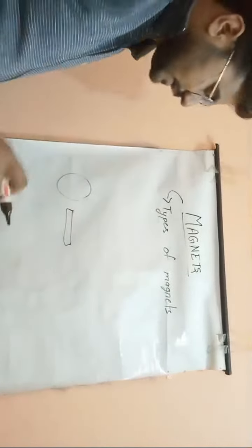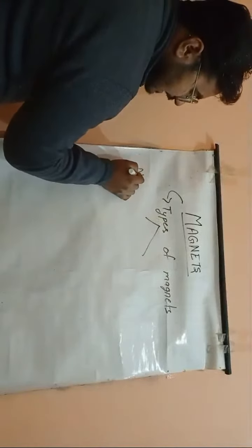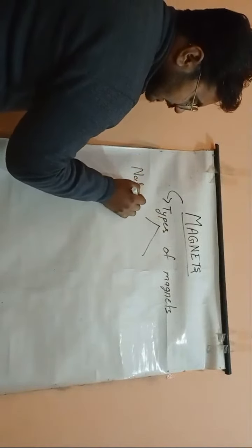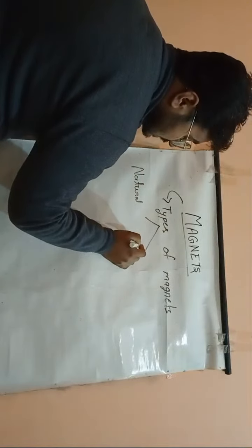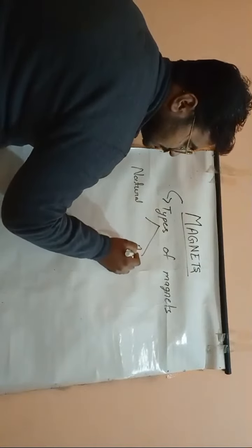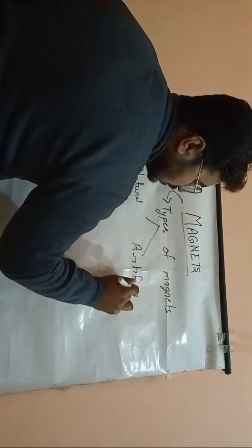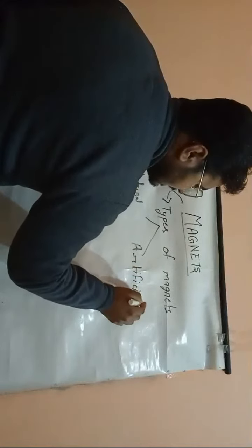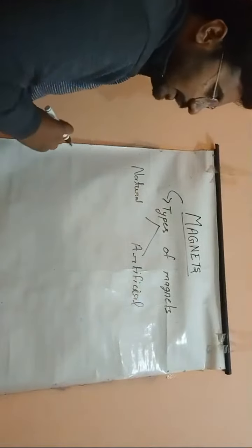In the types of magnet, we have to understand natural magnet and another one, artificial. Yes, very good. Artificial magnet. So there are two types of magnet: natural magnet and artificial magnet. Okay, what is a natural magnet?